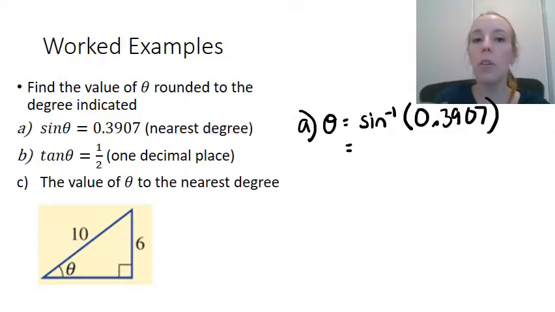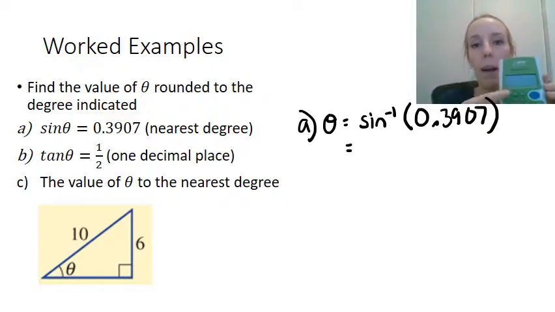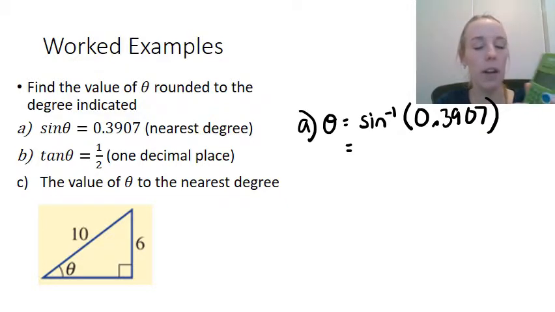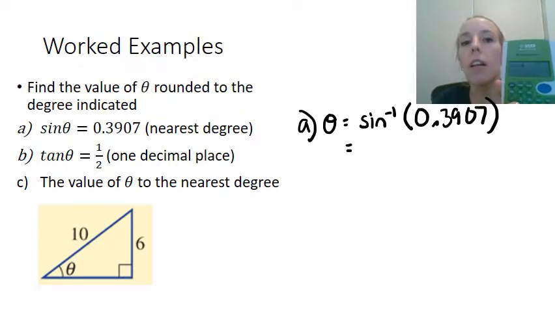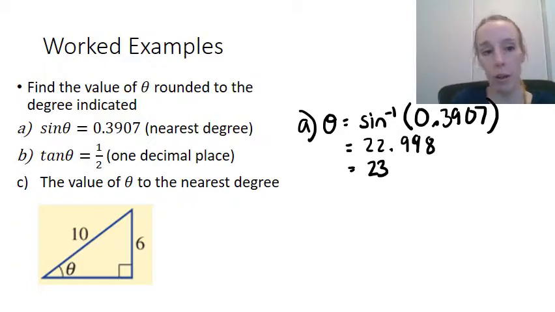On your calculator, to do the inverse of sine you have to use your second function, the grey button there, and then press sin. Then type in your decimal, 0.3907, close brackets, and it's to the nearest degree. Our answer is 22.998, etc. Rounded to the nearest degree, that would be 23 degrees.